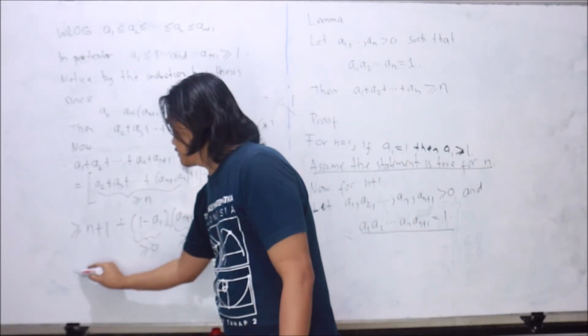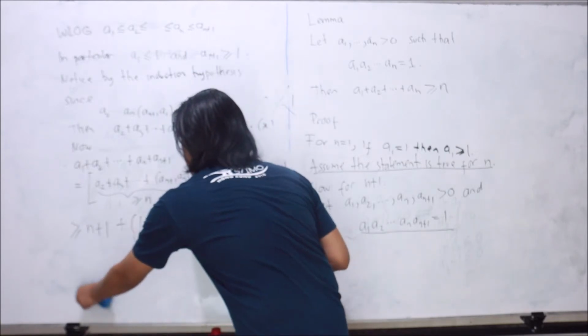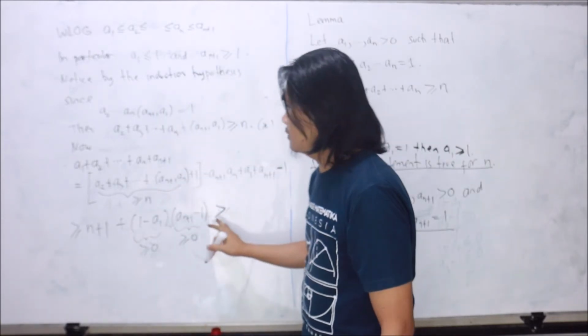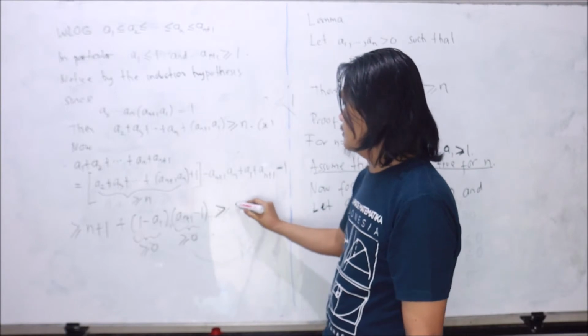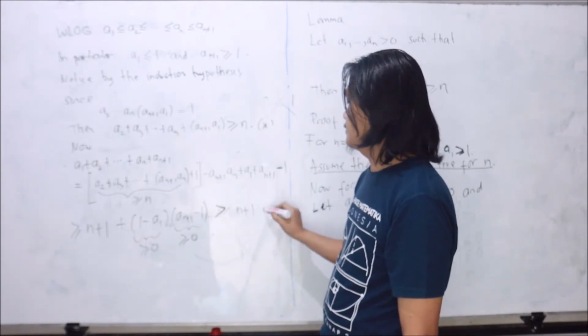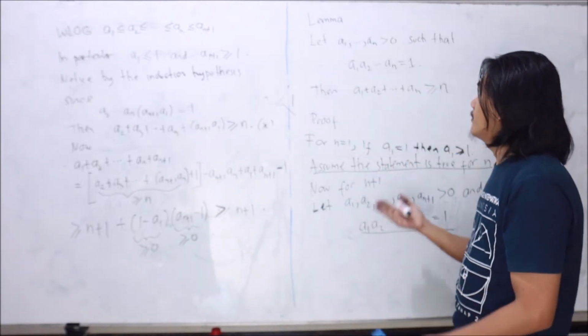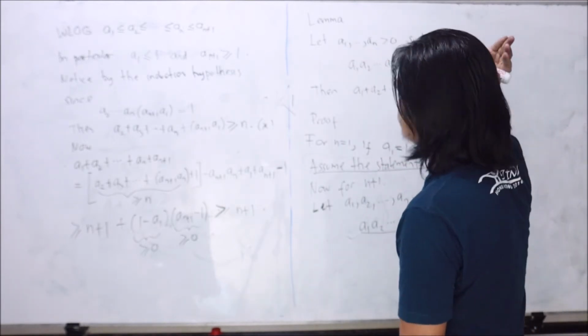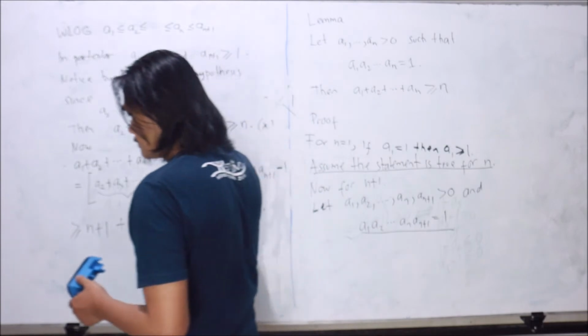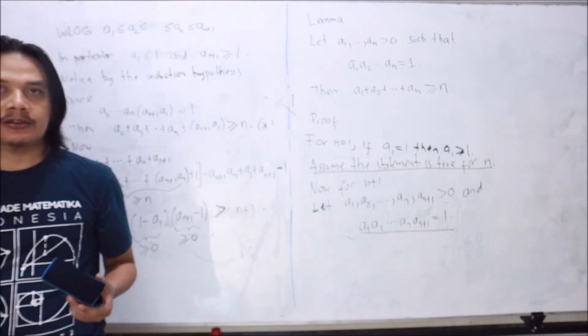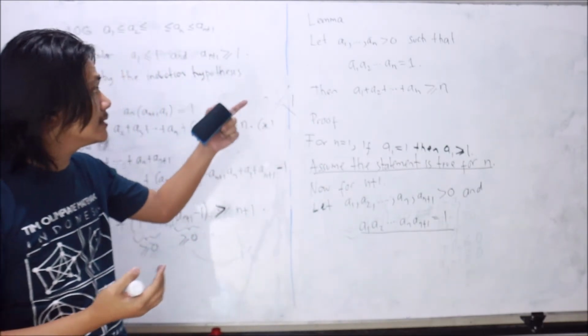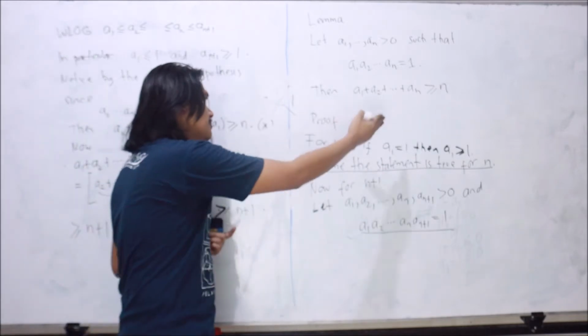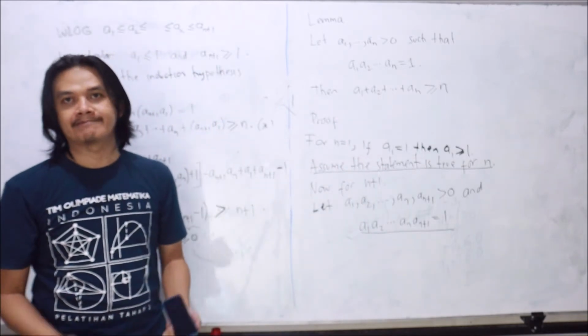Therefore, let me put it here, this whole thing is greater or equal to n plus 1, right? So that's it. We have the lemma, right? The lemma says that if we have n positive real numbers so that their product is equal to 1, then their sum is greater or equal to n.